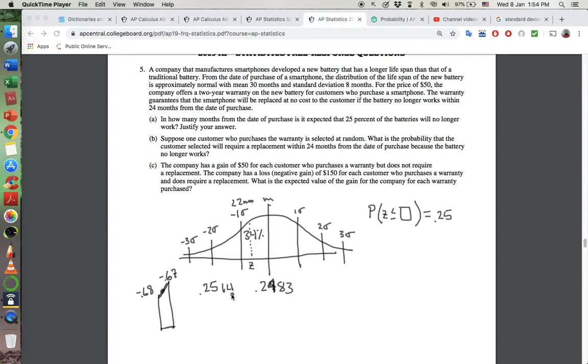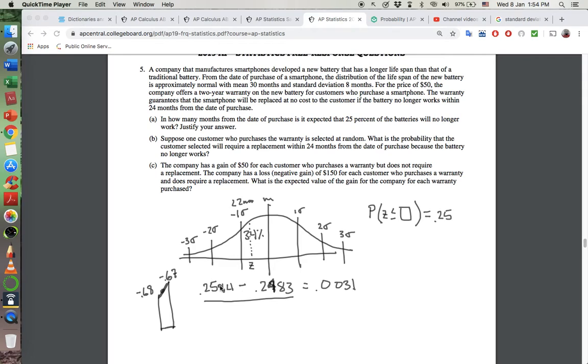There's a little bit of a difference. We're looking for 0.25. So we need to move 0.0014 from this number, or we need to move 0.0017 from this number. So we're going to take that and find the difference there, which is 0.0031.